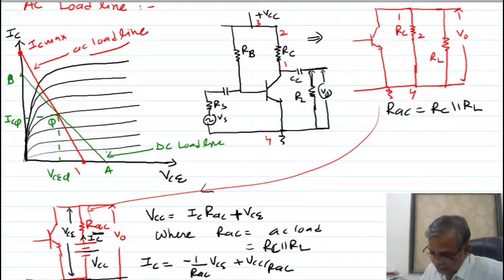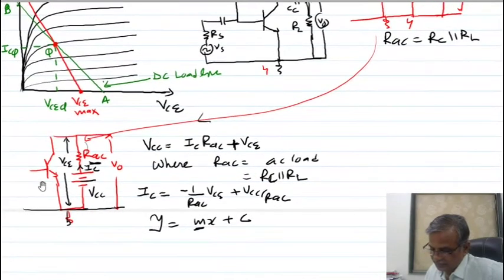This is your VC maximum for the AC load line. This is the Q point. See, this is the equation of the AC load line.